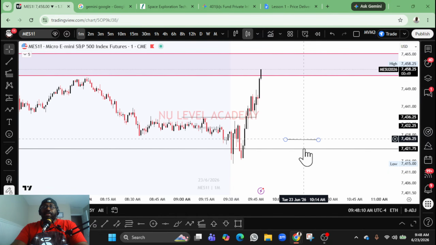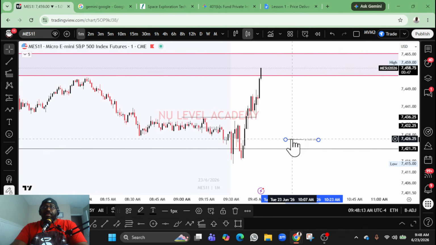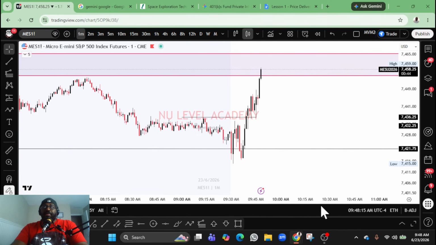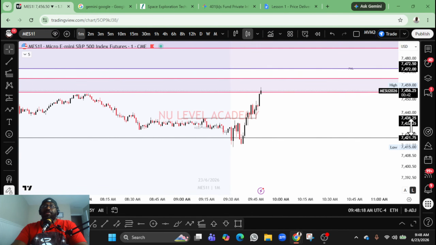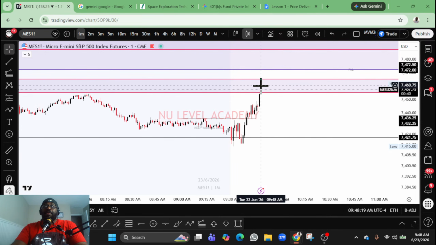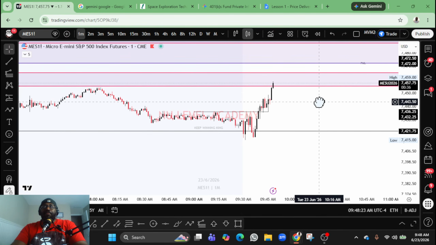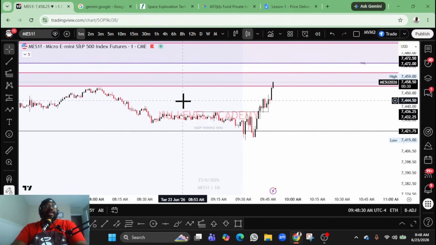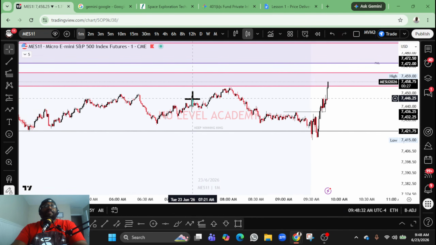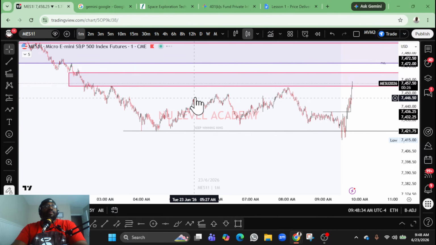So we're loving the market moving and taking off right now. Obviously, this would have been a nice trade to be a part of, but we get no FOMO here. So it traded back into this fair value gap that's here.